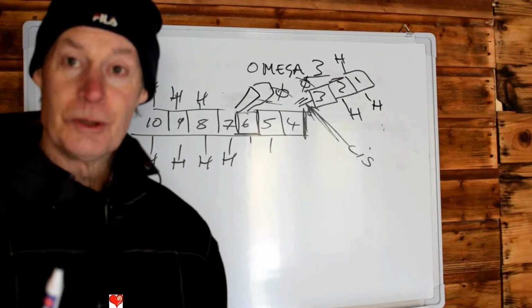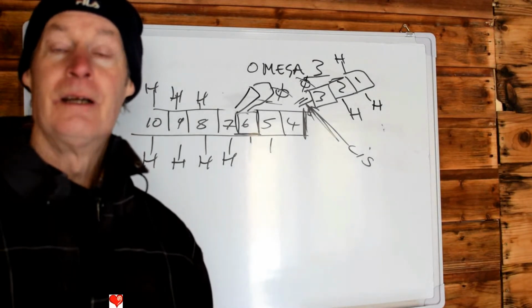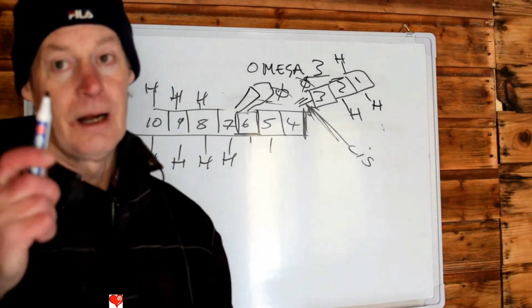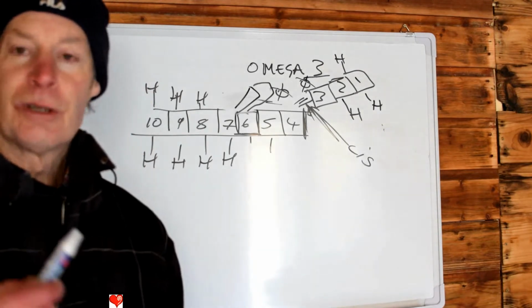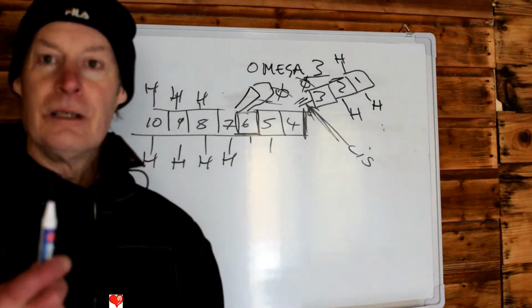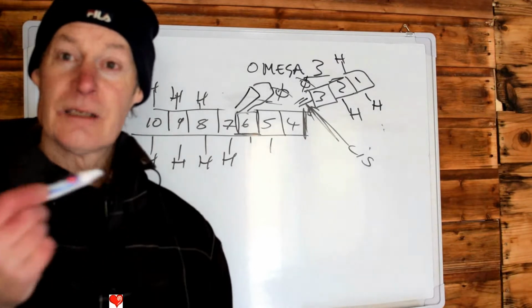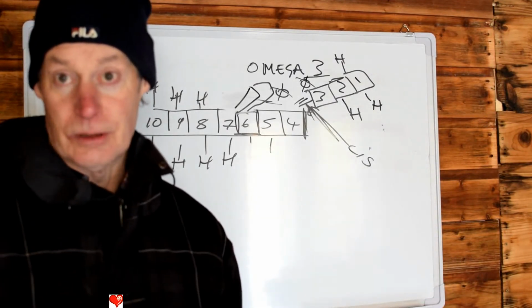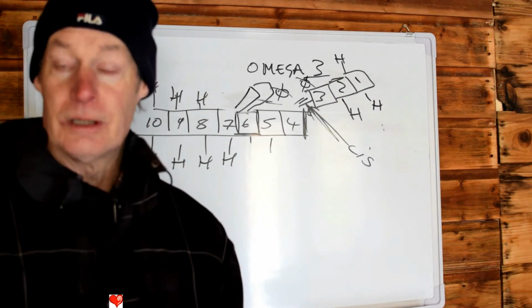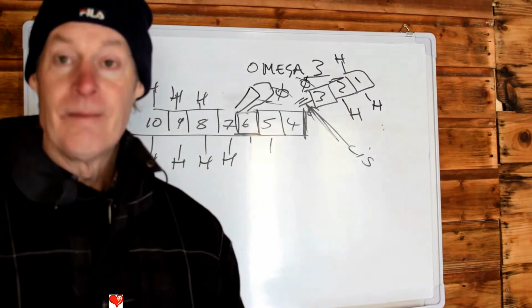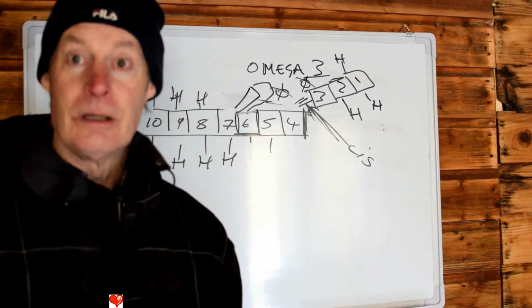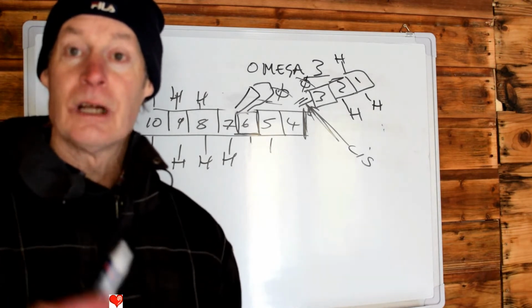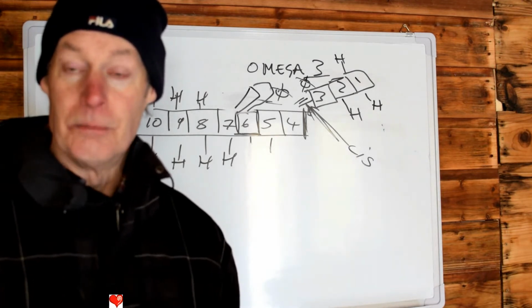Why are they stored? Why are we talking in threes? Because triglycerides that your liver makes, your liver takes fat and it converts the fat into a triglyceride. Now a triglyceride, tri means 3, has a backbone of glycerine, which is a glucose molecule.